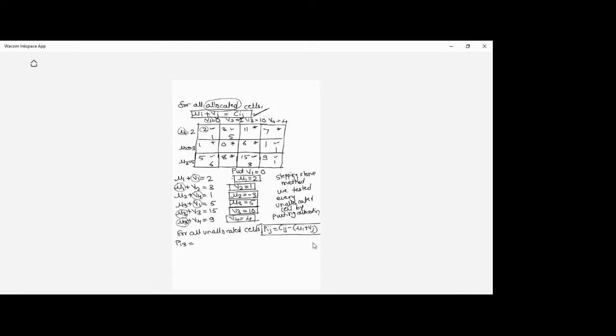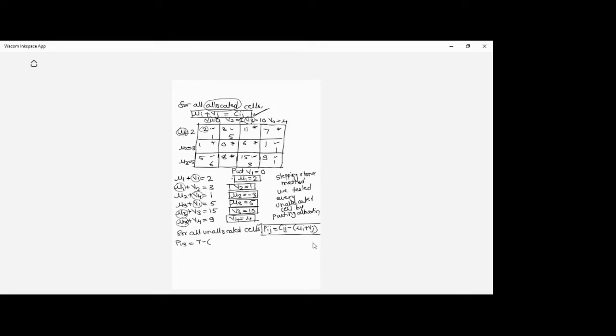So what is the Cij there? For P13, we are going to refer to U1 and V3, right? So U1 and V3 addition: you can see V3 is 10 plus 2, that is 12, right?